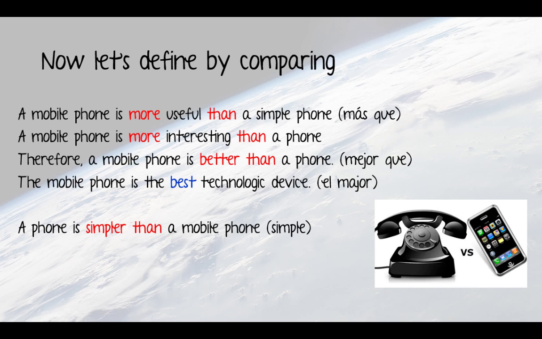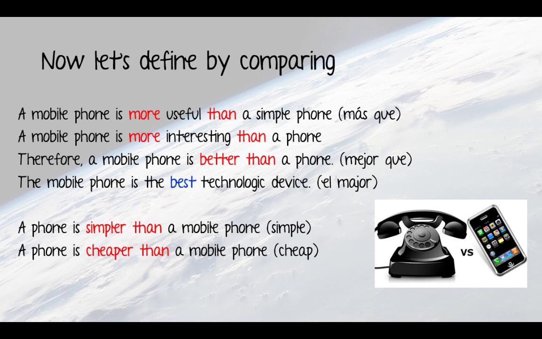A phone is simpler than a mobile phone. ¿Ya? Un teléfono es más simple. Mira, fíjate. Y no usamos el more. ¿Tú conoces esto? Veamos otro ejemplo. A phone is cheaper than a mobile phone. La palabra cheaper viene de la palabra cheap, del adjetivo cheap.